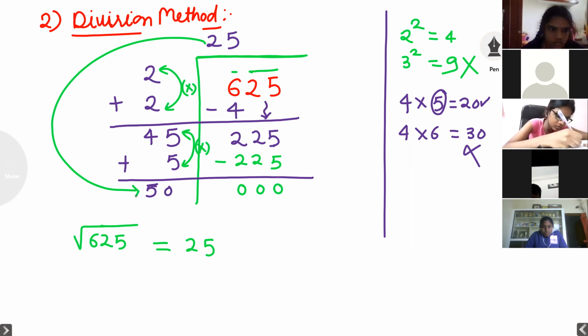I hope whatever I have done, you will do this in the rough notebook only. Note down example 1. Find the square root of 625 by division method. After that, you can note down this question. Find the square root of 625 by division method.